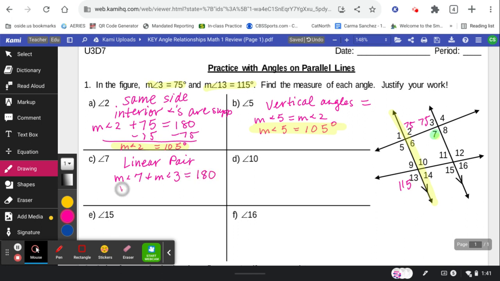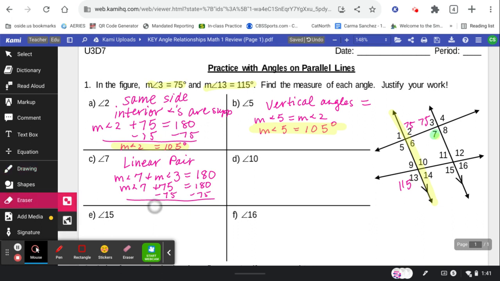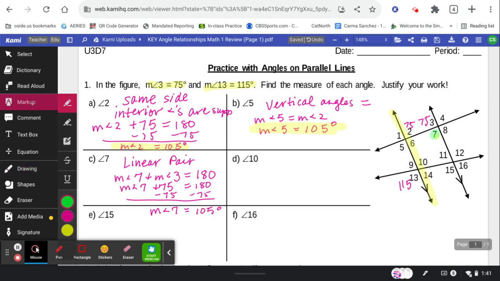So angle 7 is my unknown. Angle 3 is 75. So I minus 75. So measure of angle 7 is equal to 105. Man, so many 105s, right?